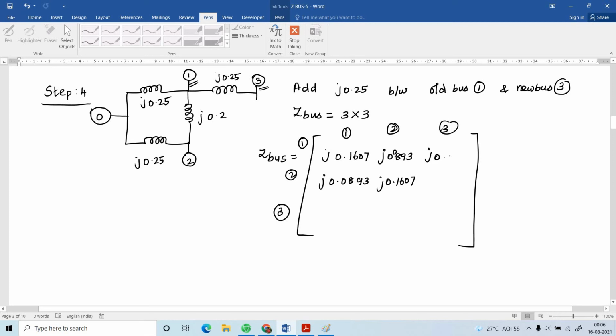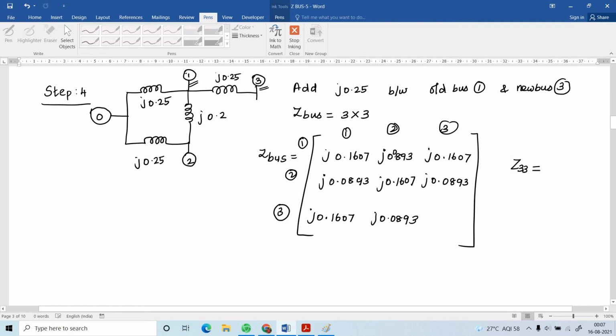So J0.1607 and here J0.0893, and here the first row element is copied in the third row. So J0.1607, J0.0893. How to find out Z33?